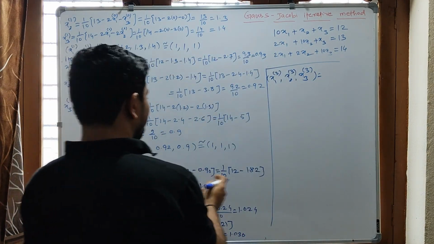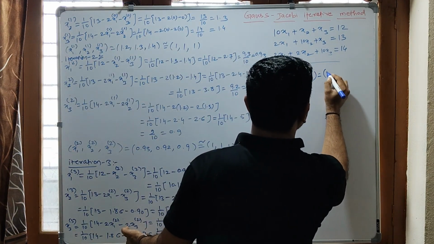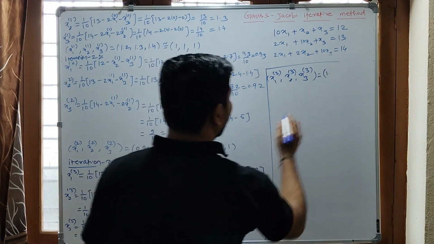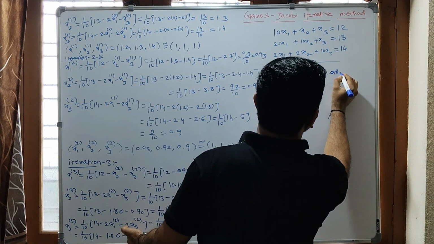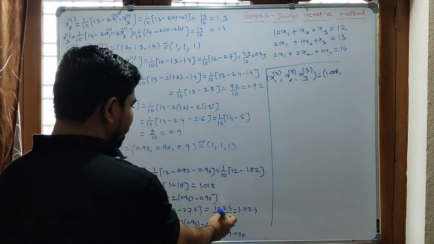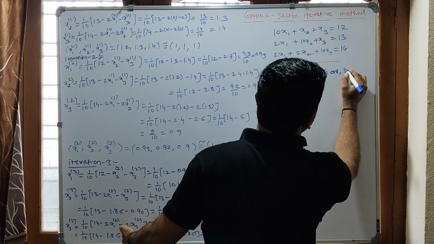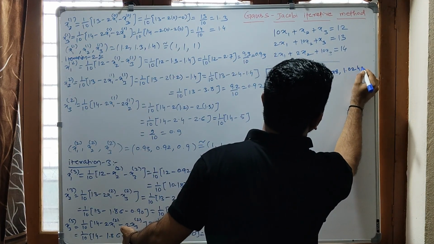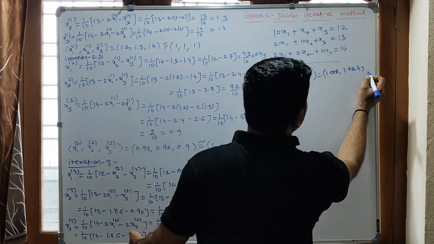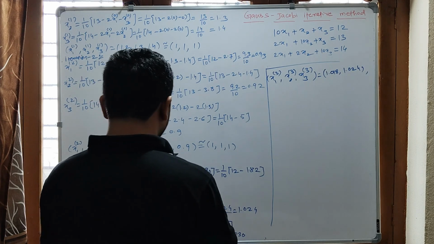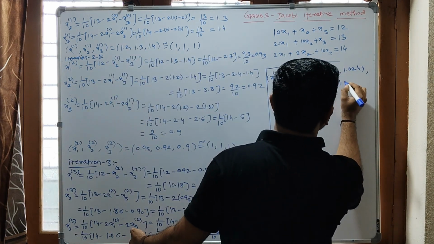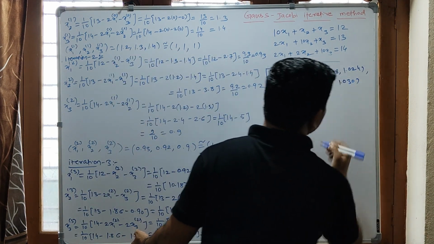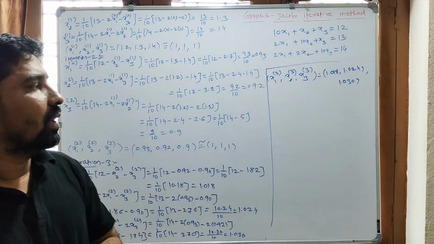Here x1 at 3 is 1.018, x2 at 3 is 1.024, and x3 at 3 is 1.030. So this is my third iteration.